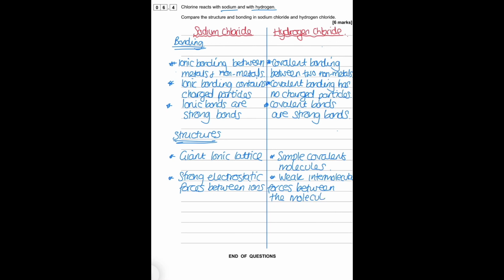So we need to make sure we don't get confused here. Between the atoms in the molecule, we've got the strong covalent bonds, but between the molecules, we have the weak intermolecular forces for hydrogen chloride. And with sodium chloride, we have the giant ionic lattice, so we've got lots of strong electrostatic forces between the ions. And that should be enough to get you your 6 marks, because we've done similarities, we've done differences, and we've compared bonding and structure.